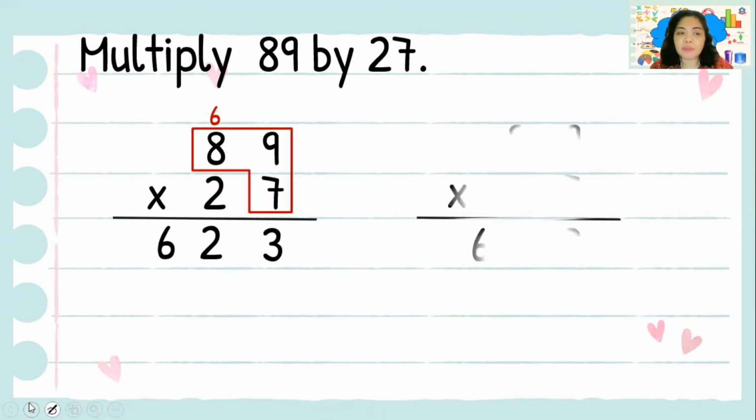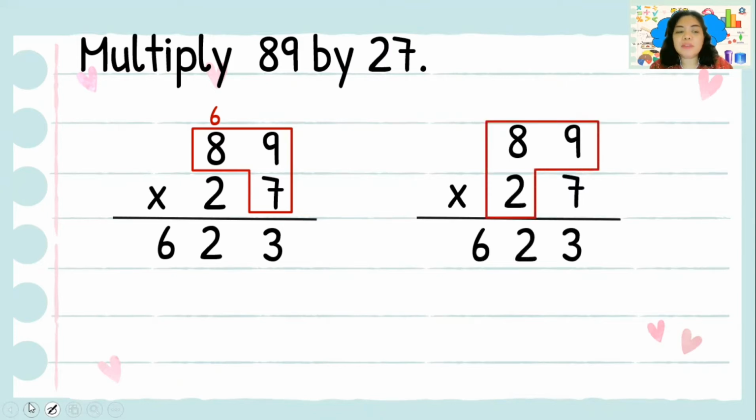Next step is let's multiply 89 by 20. So 9 times 20 is 180. Let's rename the 100 on the top. Next is 80 times 20, and that is equal to 1,600. Plus 100, that is 1,700. So 89 times 20 is 1,780.